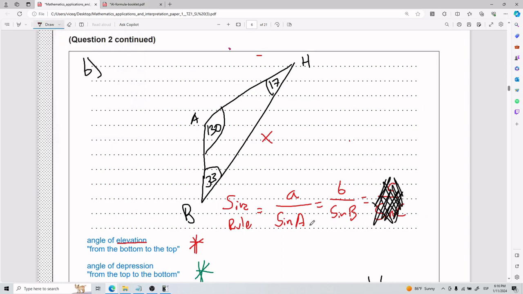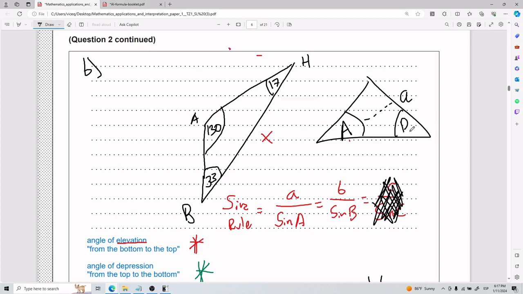Now, what is little a? What is big A? What is little b? What is big B? Intuitively, it's the following. Let's say you have a triangle. If this is angle A, notice that it's a big A, that means this is side little a.